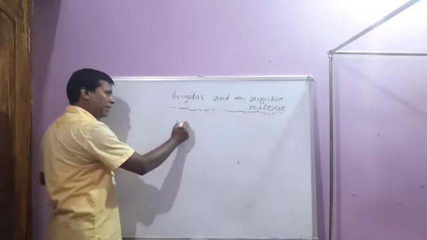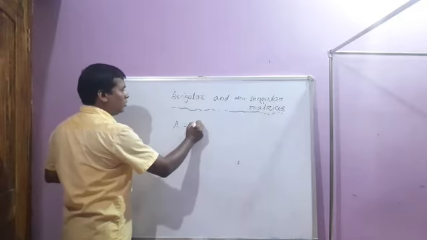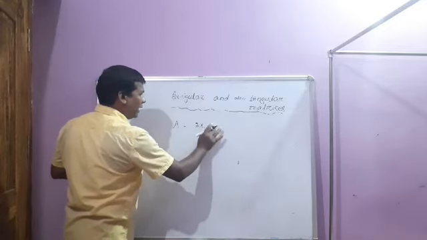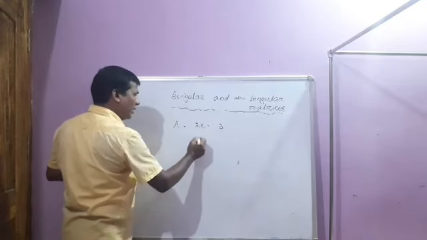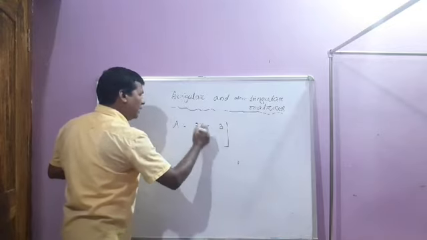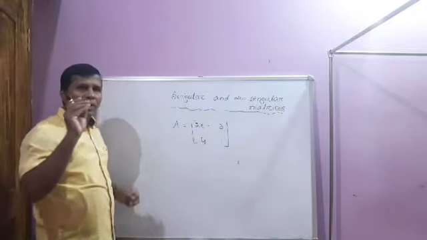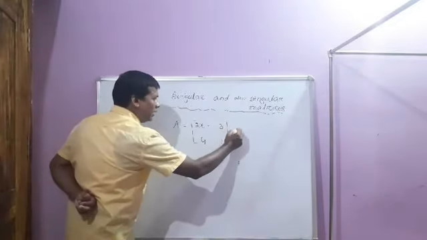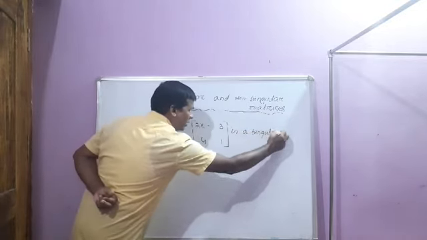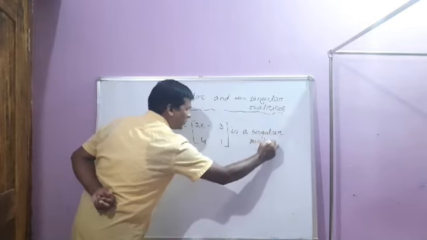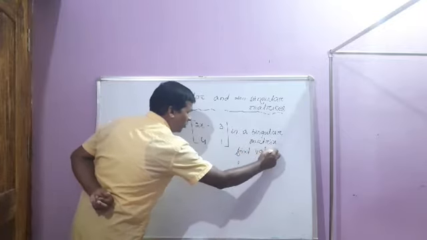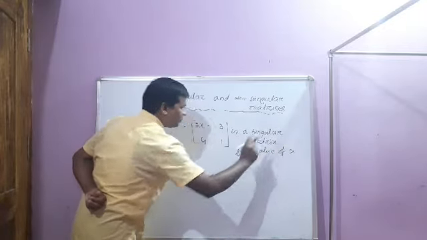If a matrix A is equal to 2x, 3, 4, 1 and it is a singular matrix, find the value of x.